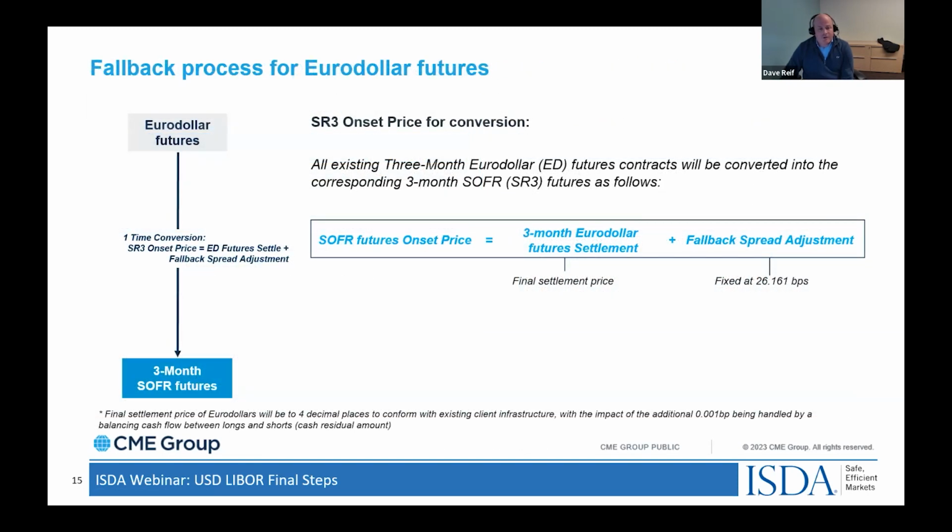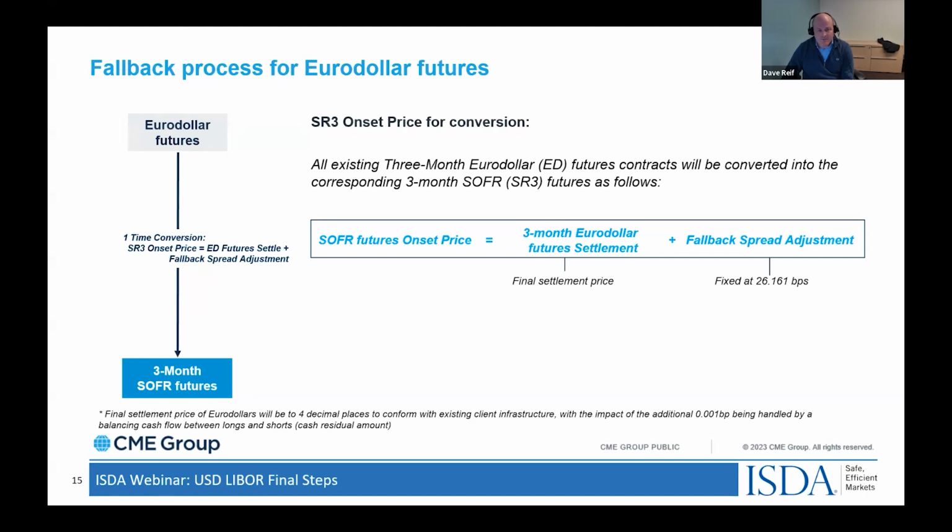So to briefly go through the fallback processes for the Eurodollar futures, again, we're going to take the Eurodollar future settle. To that, we're going to add the 26.161 ISDA spread, and that will result in the onset price of the 3-month SOFR futures. So really a quite simple process with that. One important thing to note is the final settlement price of the Eurodollars only goes out 4 decimal places.